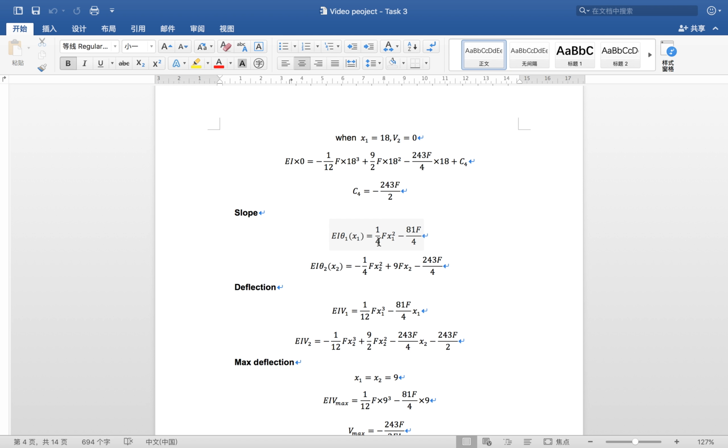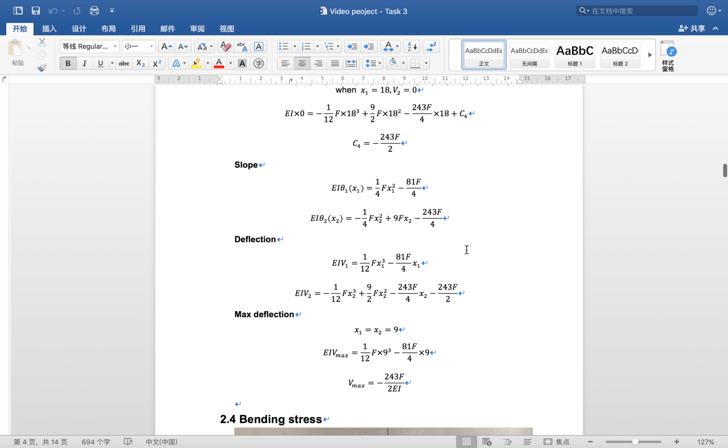The slope of the first part is a quarter times Fx squared minus 81F divided by 4, and the second part of the slope is minus a quarter of Fx squared plus 9 times Fx minus 243 times F divided by 4.